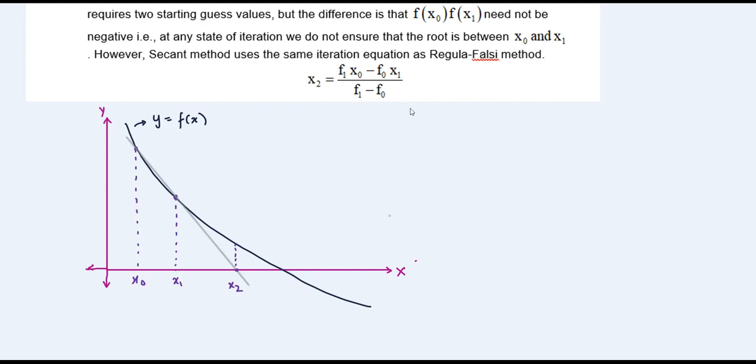Again, X2, we get the same: f1 times x0 minus f0 times x1 by f1 minus f0. Now, next, we take X1 and X2 as the new chord.